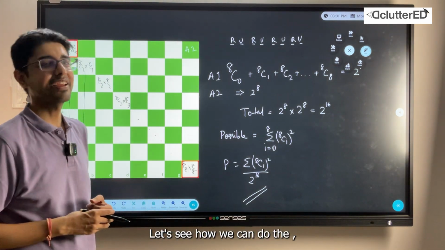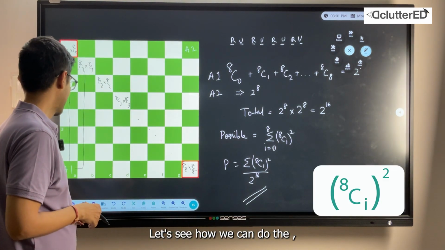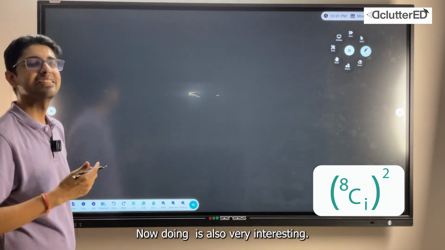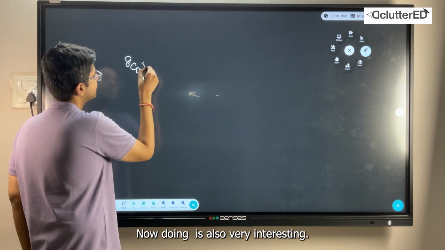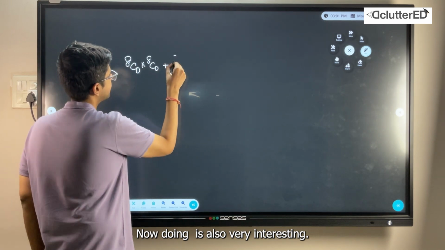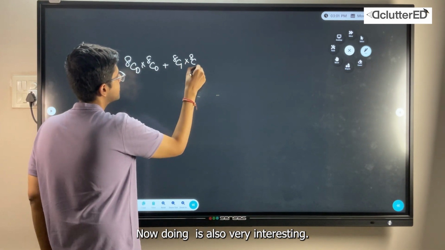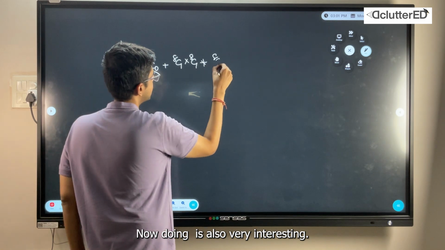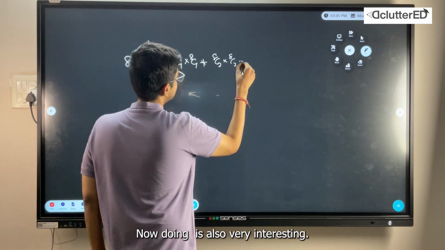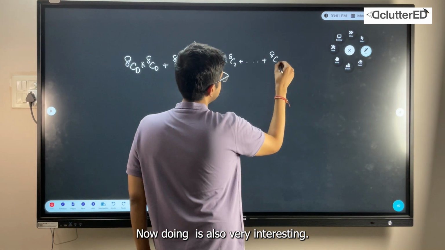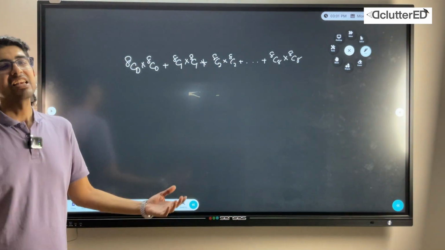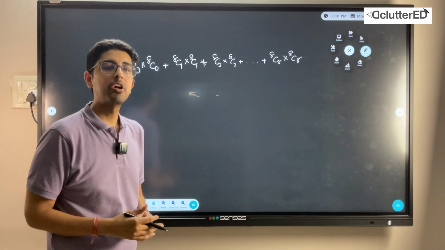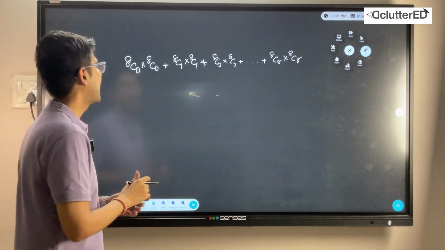Let's see how we can compute the summation of 8Ci whole square. Now, doing this is also very interesting. As we know, nCr is equal to nC(n minus r).